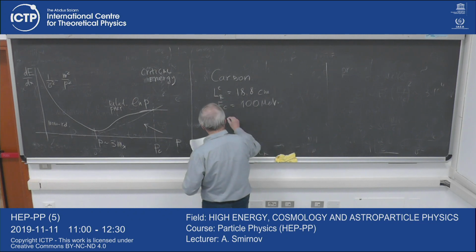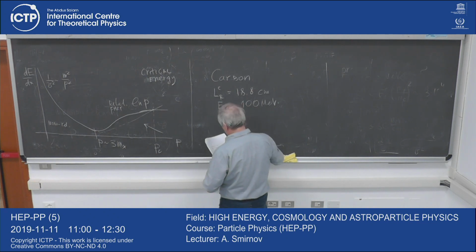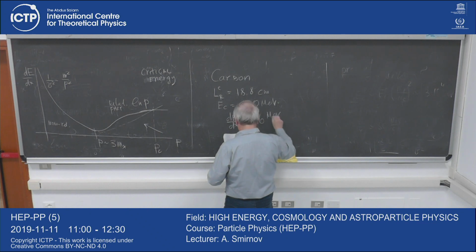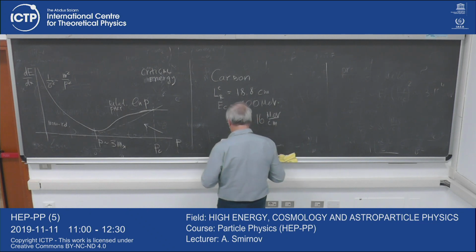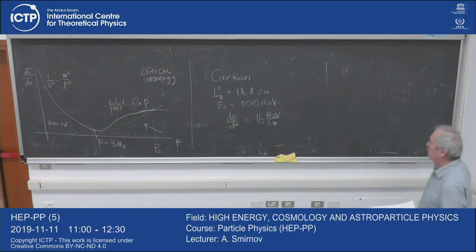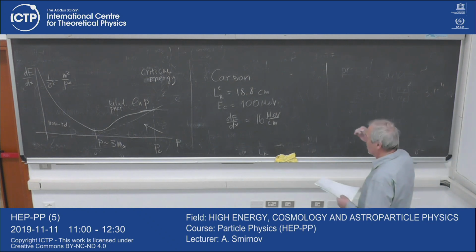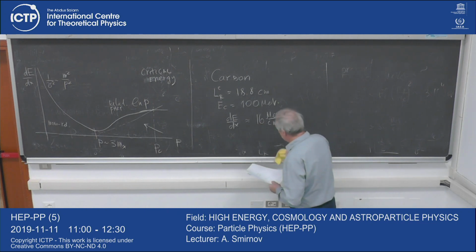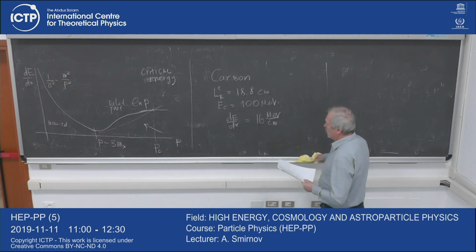So one can compute that dE over dx for a 300 MeV electron will be something like 16 MeV per centimeter, which is much smaller, first of all, the energy, and it's much smaller than we had for heavy elements. This is just because of this strong dependence like Z squared.